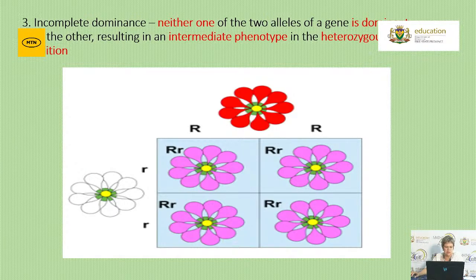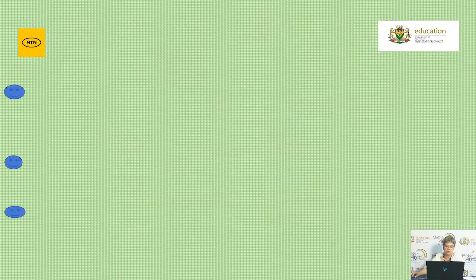So in this one, we will say neither one of the two alleles, red and white, is dominant over one another. It results in, I think it's pink, an intermediate phenotype in the heterozygous condition. So it is very, very important to look at your different types of dominance.